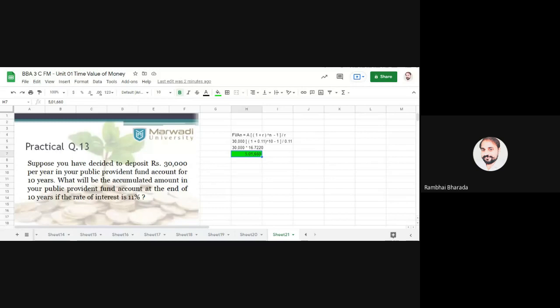Now the next one is all about the present value of an annuity. But before that, just look at the formula and then we go for the final discussion of a practical question.